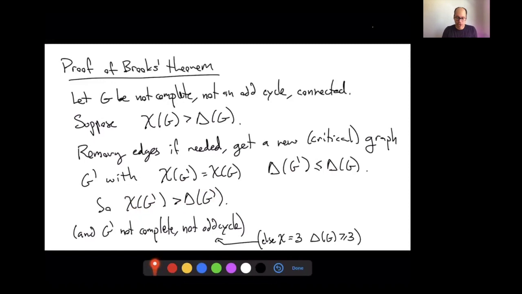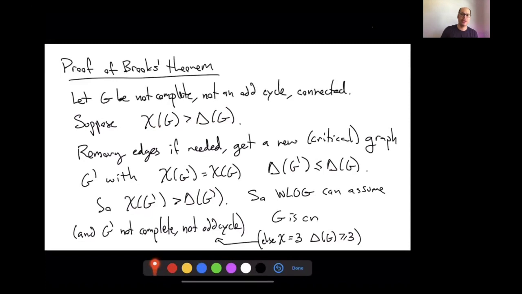If we know that G wasn't an odd cycle, so if we remove edges and make it an odd cycle, then we would have had vertices whose degree was strictly bigger than 2, which means we would have been in the context of chi being 3 and capital delta being at least 3. But that means that chi wouldn't have been strictly bigger than delta in that case. So that couldn't have happened. So you don't have an odd cycle still.